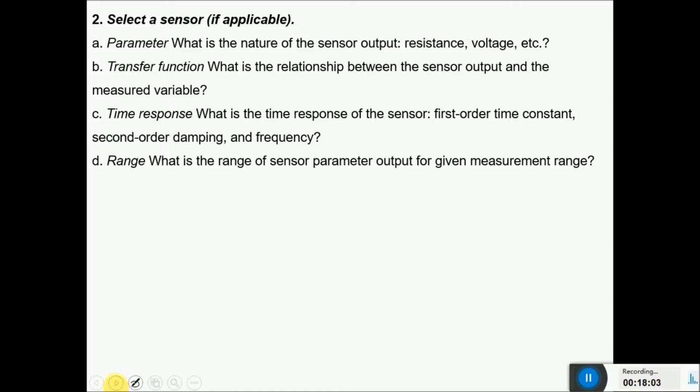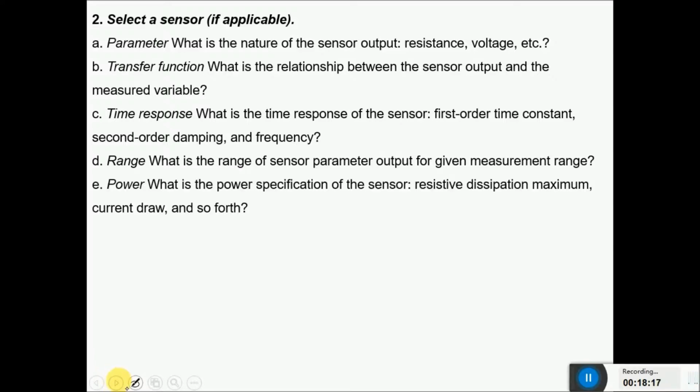What is the range of the sensor parameter output given for the measurement range? For example, for a change in temperature of 30 to 70 degrees, a temperature sensor's resistance changes from 200 ohms to 2 kilo ohms. What is the power specification of the sensor? What is the maximum allowable current? What is the maximum power dissipation, and so on?